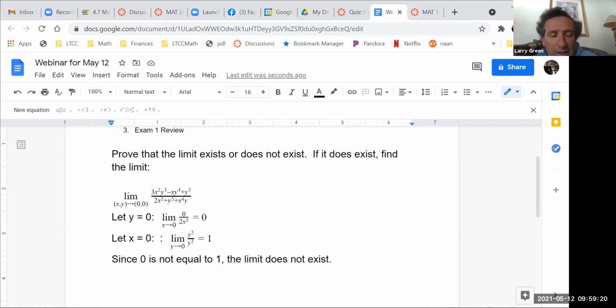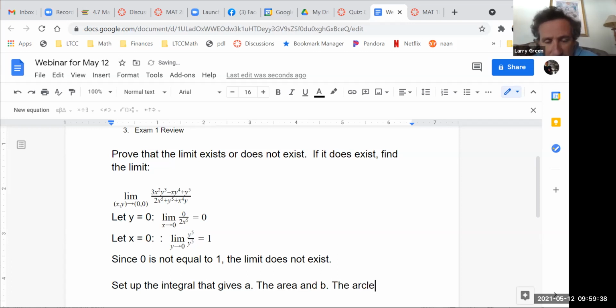So I'm just going to write: set up the integral that gives A, the area, and B, the arc length of the curve.